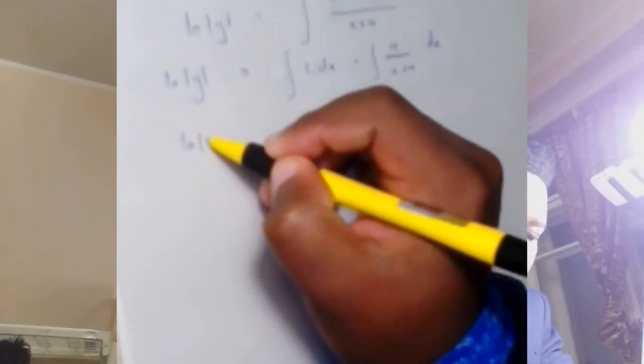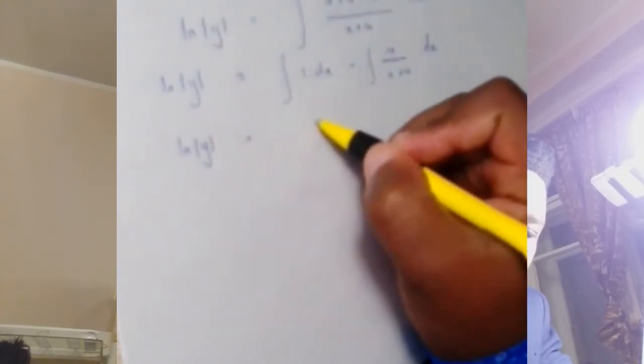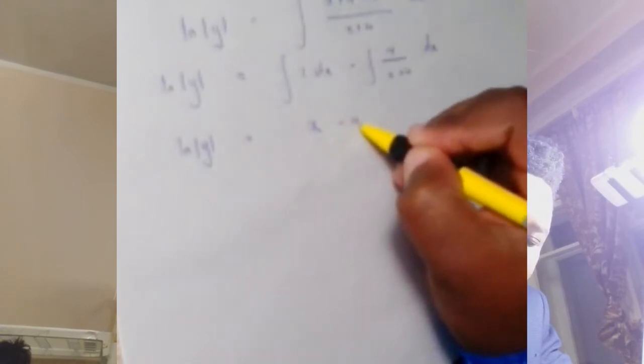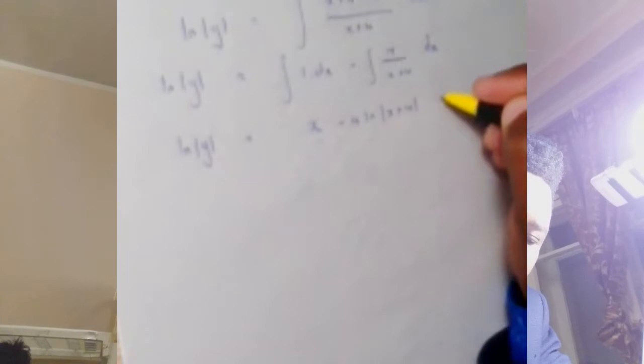So here it gives me this, and this would be just x, and this would be minus 4 ln modulus of x + 4 plus a constant c.